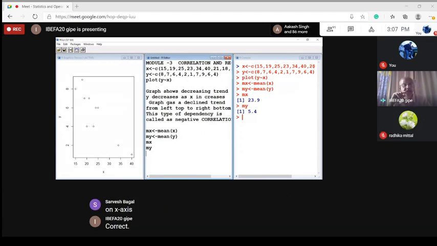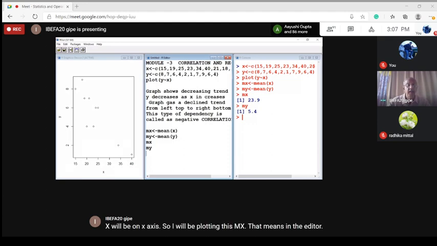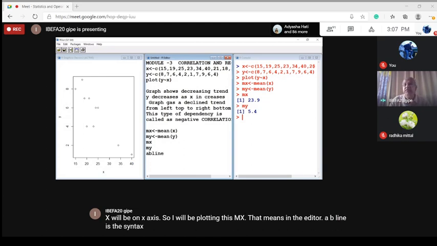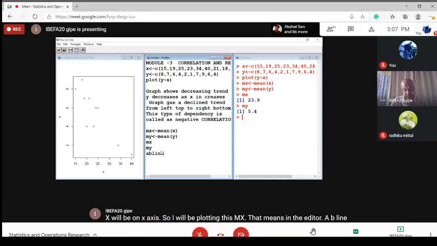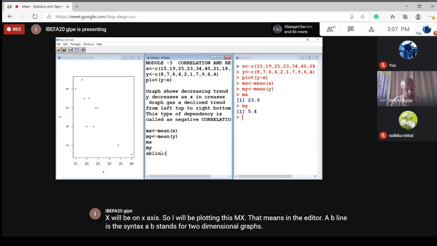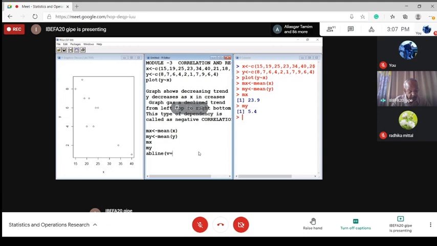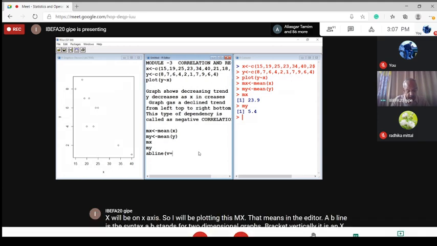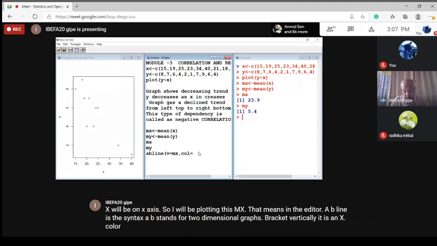Correct. Why? Because the data for x will be on the x-axis. So I will be plotting this mx. That means in the editor, abline is the syntax. abline stands for a line on the two-dimensional graph. In brackets, v equal to mx, col equal to, say, red.